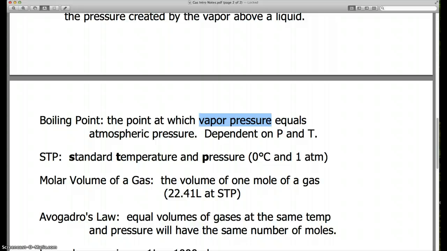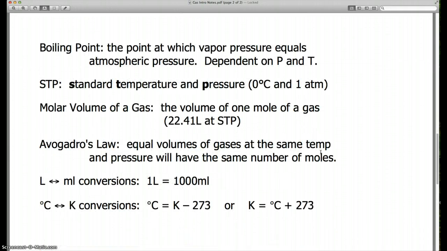Now, once that vapor pressure gets up to the point where it's equal to the atmospheric pressure, the pressure around it, the water will boil. And again, you'll see me boil water at room temperature without heating it at all, just by lowering the pressure around the glass of water. The rest of this, I'll just let you look at.